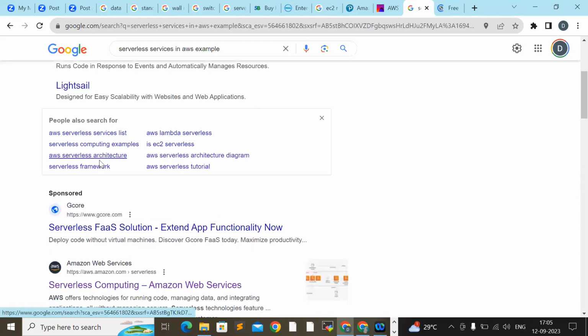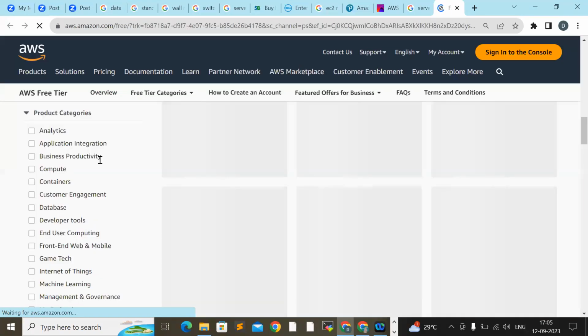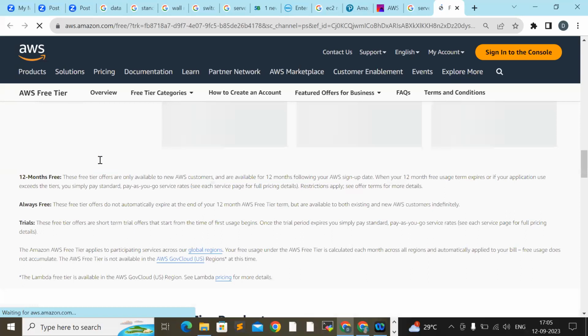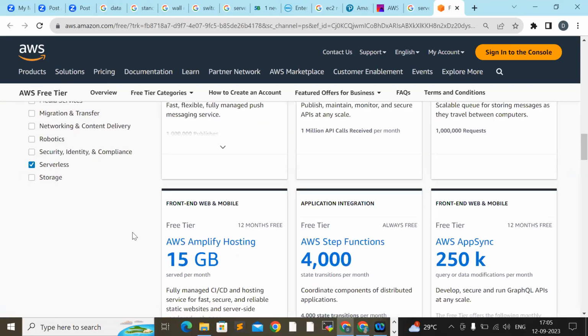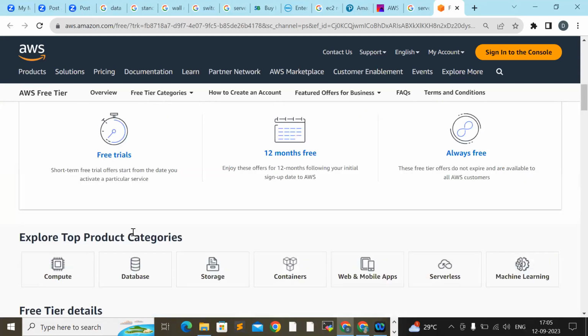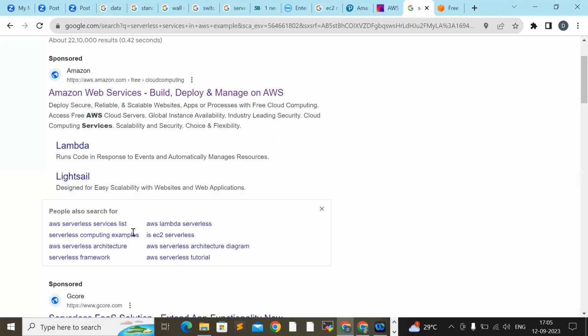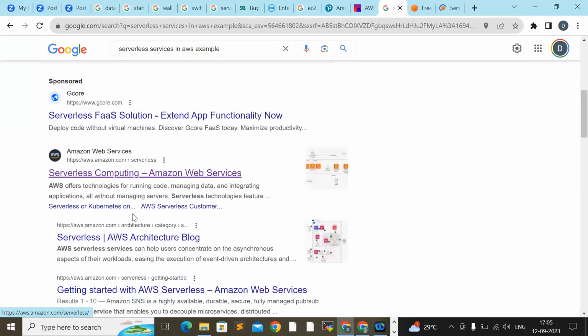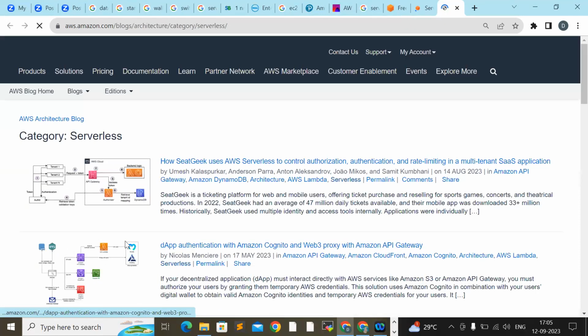Lambda is one particular thing anyway. Let me show you.